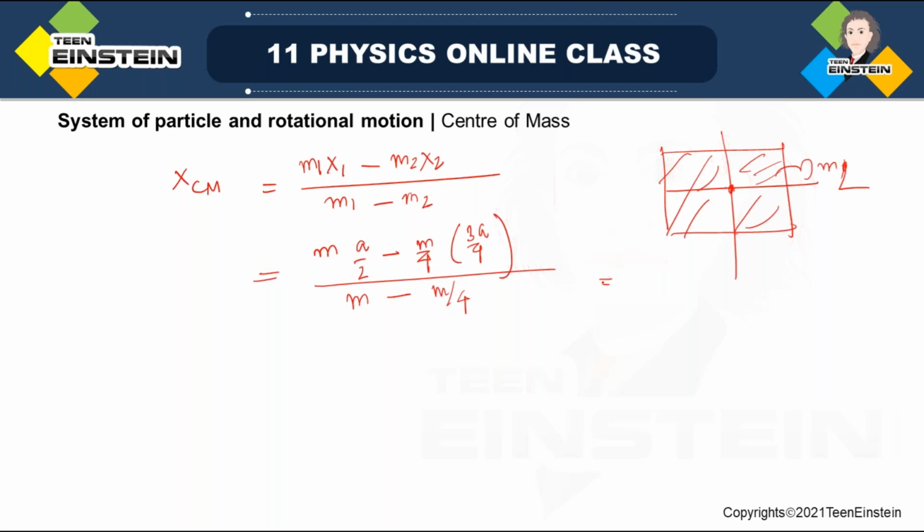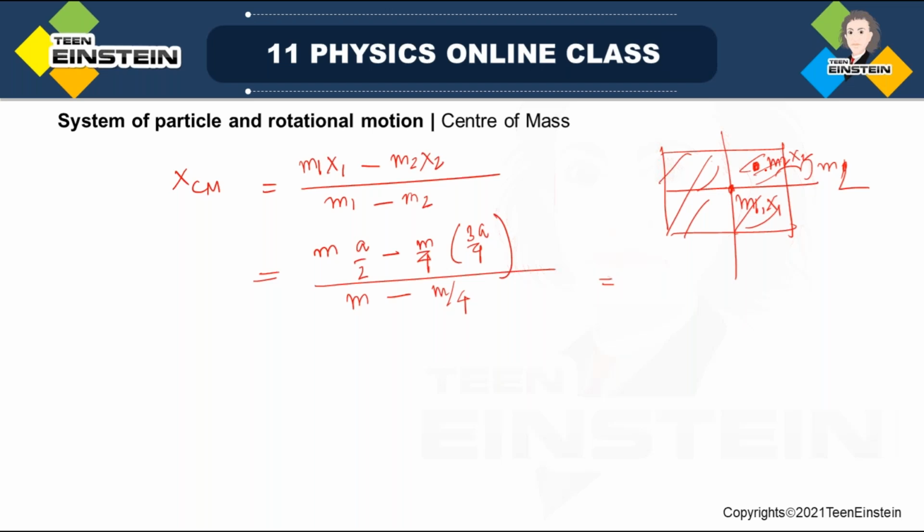If we just solve it, this part is M1 x1, meaning suppose I have the whole mass here, M1, at coordinate x1, and the mass of this particular portion is M2 at coordinate x2. That is what I am calculating, the center of mass for these point masses.